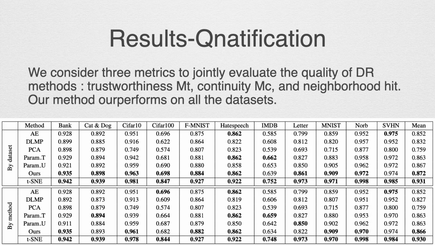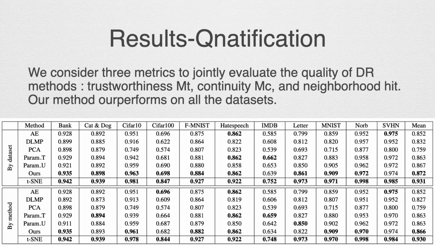Besides the visual comparison, we quantitatively evaluated the dimension reduction results. Since dimension reduction is an ill-posed problem, several metrics should be jointly used for evaluation. We consider three well-known and easily interpretable metrics. They are trustworthiness, continuity, and neighborhood hit.